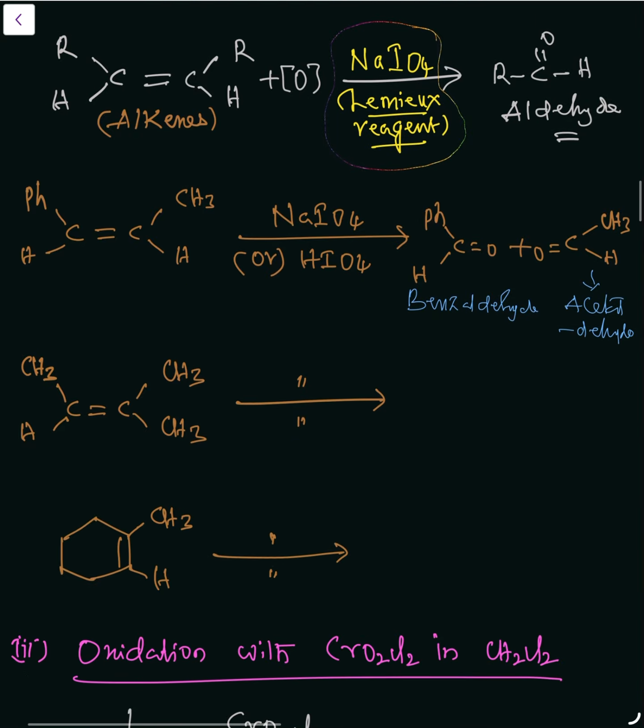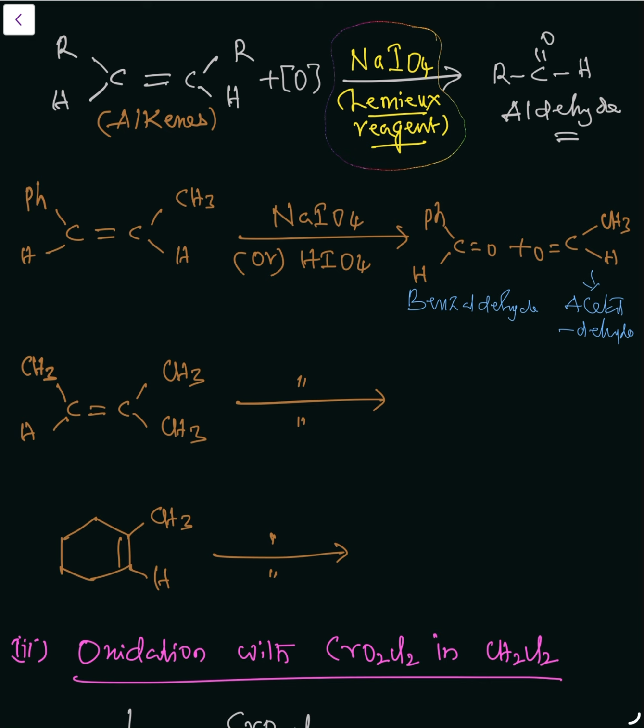Next, CH3CH=C..., here 1 mole is acetone and the other mole is acetaldehyde. CH3CH, and the next one is CH3CH3.